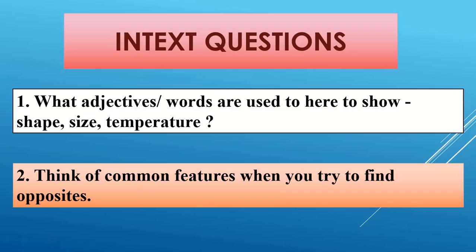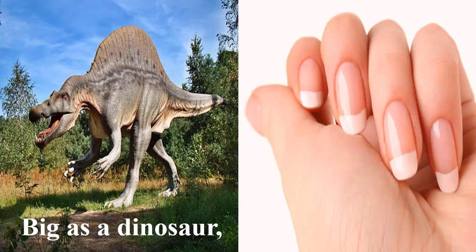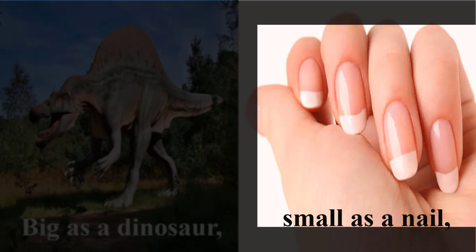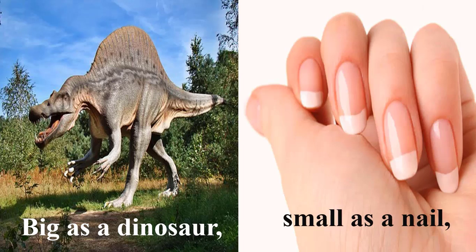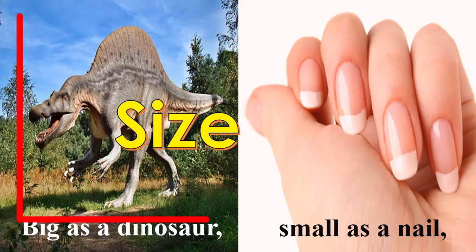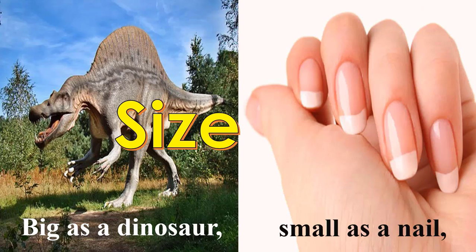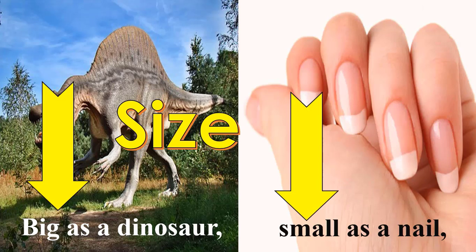Our next lines: big as a dinosaur and small as a nail. It means here dinosaur and nail are compared with each other, and guess which common feature is here? Size. See, size of dinosaur and size of nail, and words used here are big and small.